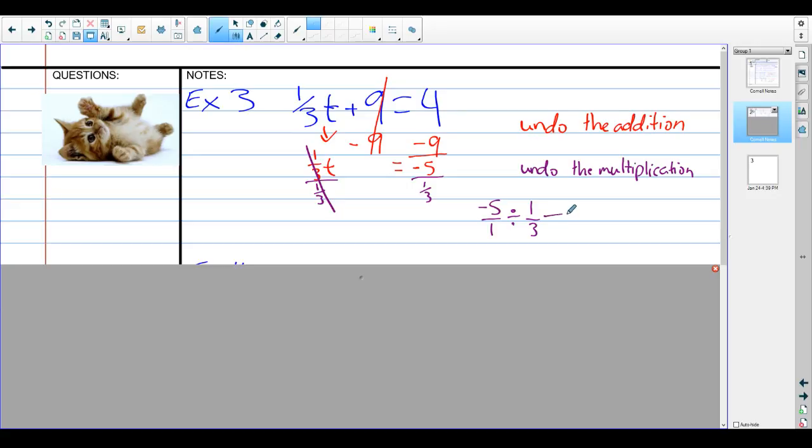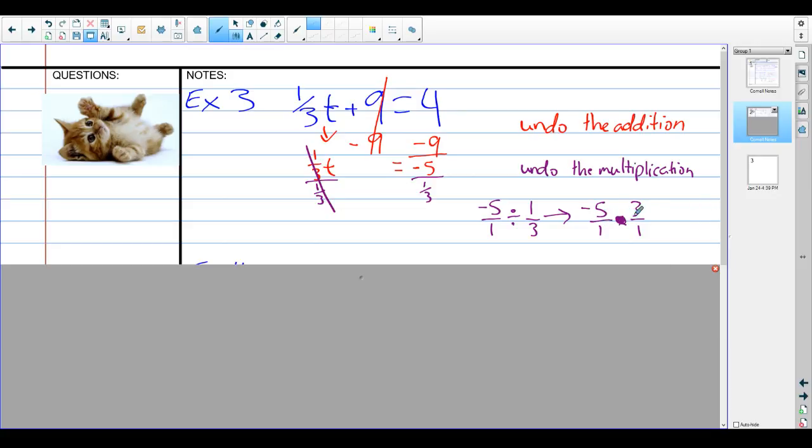And then we rewrite that as a multiplication problem because we never actually divide by fractions, ever. So we say this is -5/1 times, and then we flip the second number over. So this becomes 3/1.